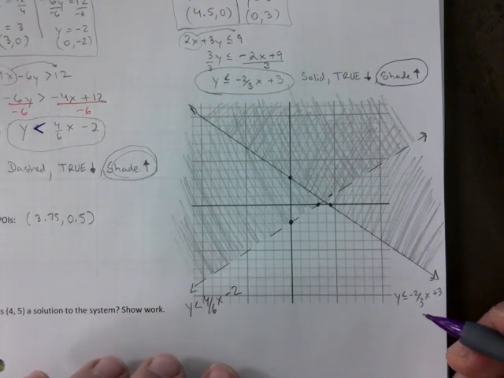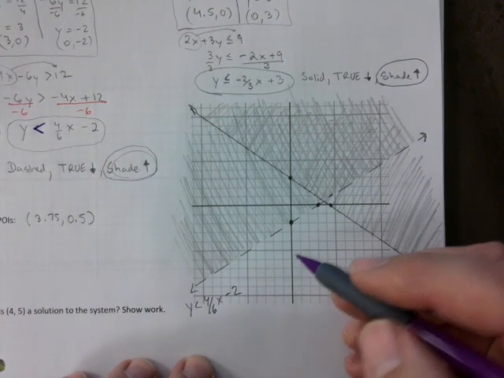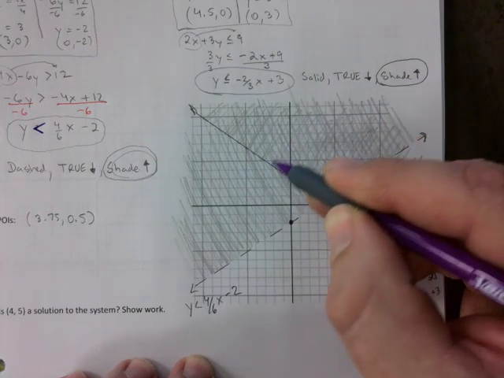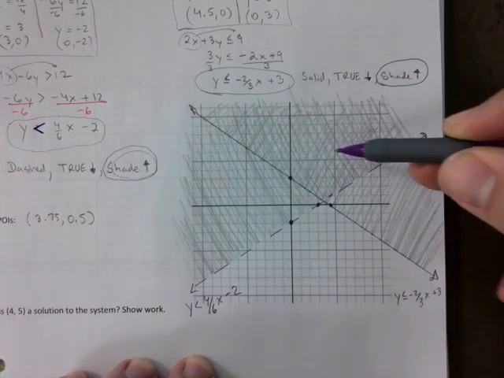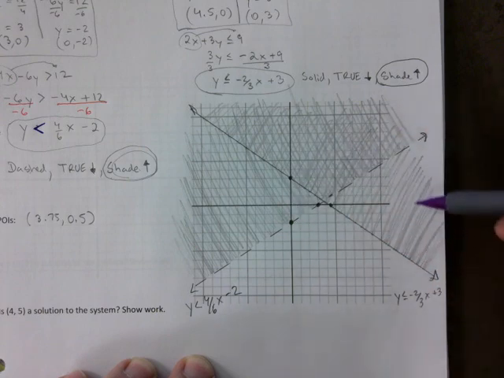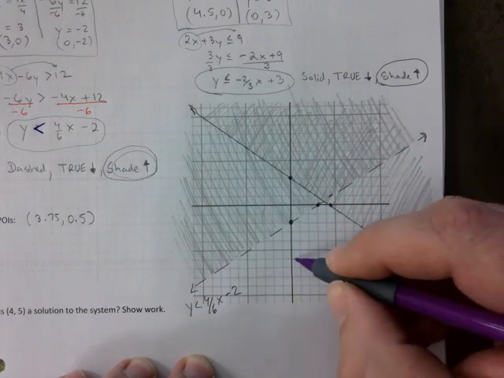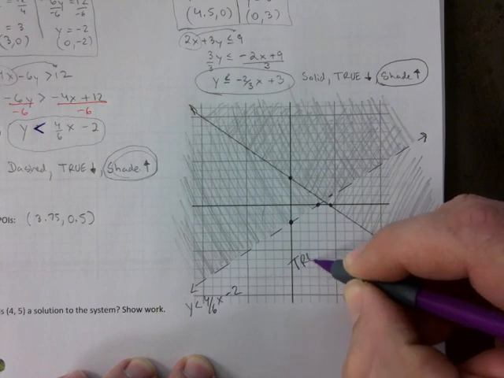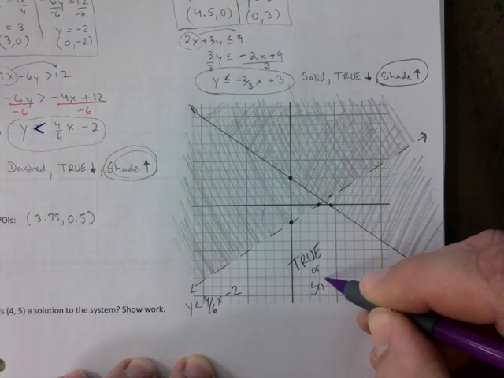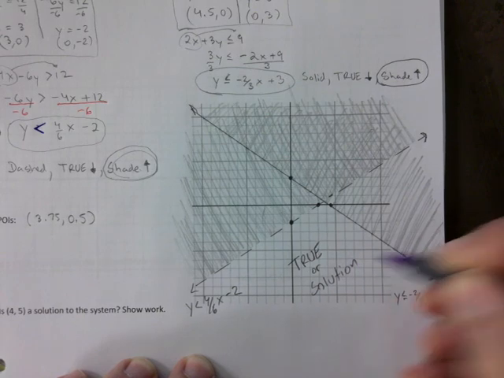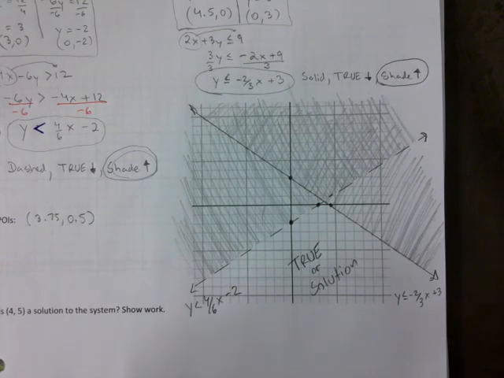Because we use reverse shading, this is false. Everything is false for this dashed line, and everything above the solid is false. So basically everything around the system is false. This is your true region, and it's the solution region. I'm going to probably start calling this solution region more so because it's for all of them, the solution region.